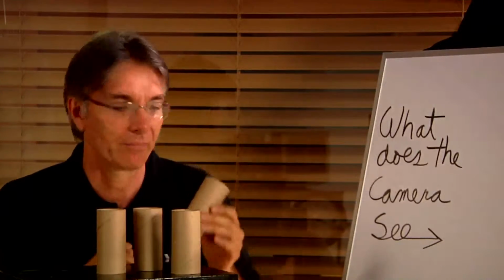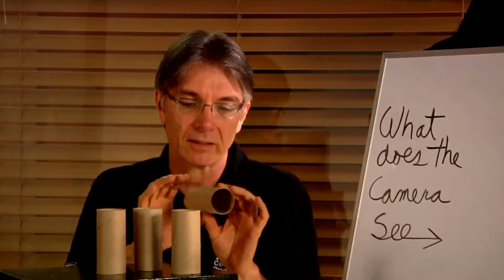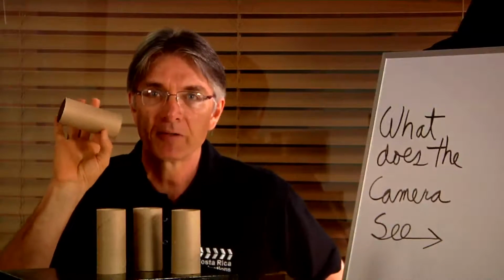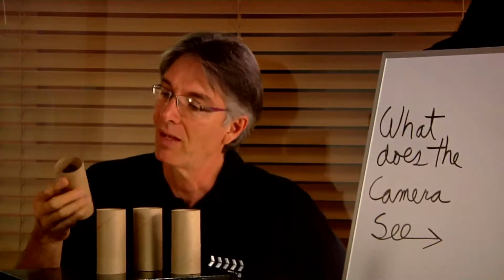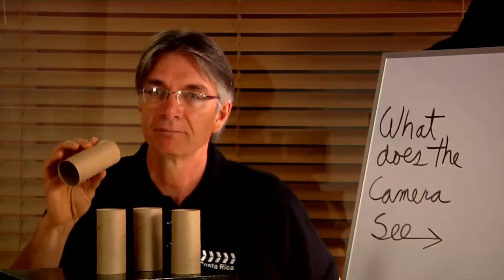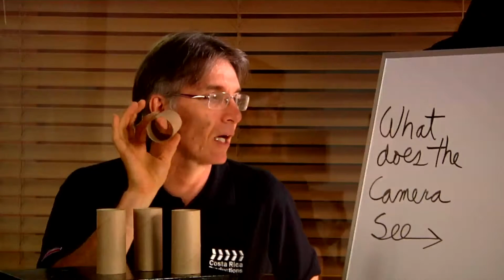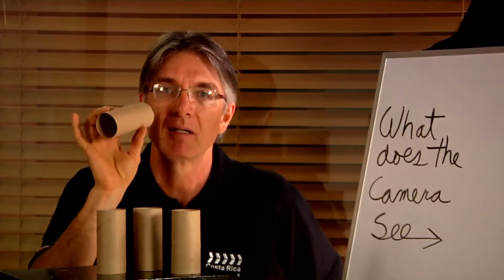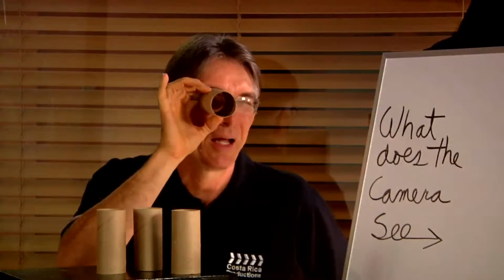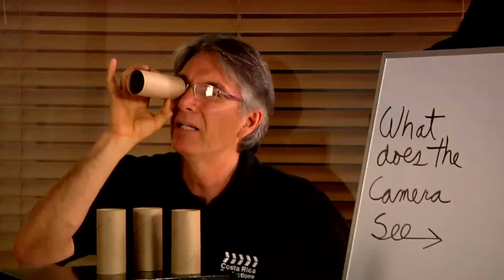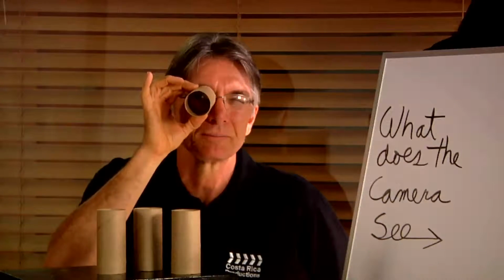It's the same, longer, but exactly the same. I want you to get one of these, clean, obviously, and we're going to use this as our camera for this exercise. You put this on your eye and you see a limited amount of things.